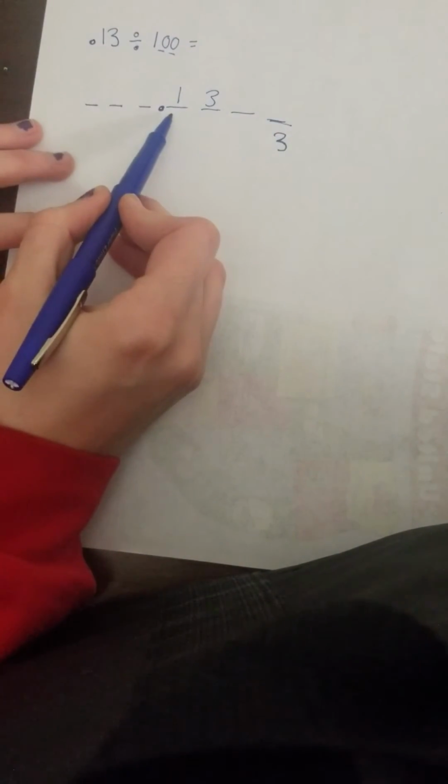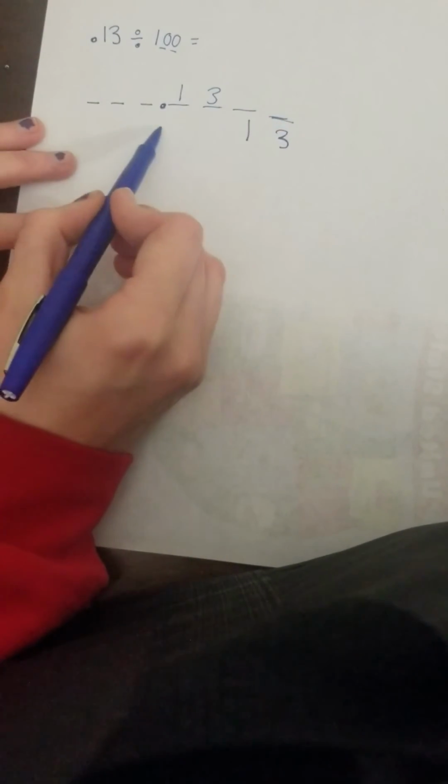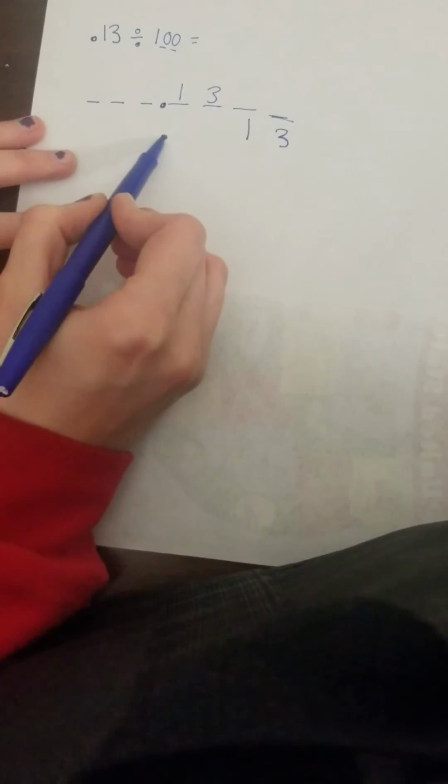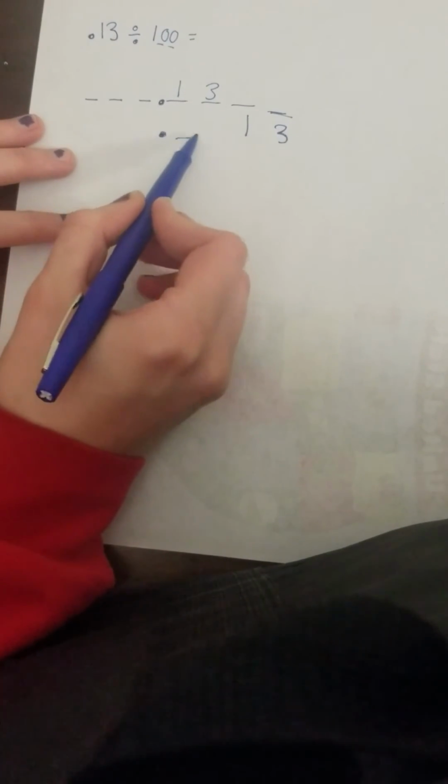I'm going to count my 1 over 2 spots. 1, 2, it's going to land right here. And then, of course, my decimal hasn't moved, which means I have 2 empty spots that I'm going to fill with zeros. And there's my number. It's really, really tiny. This is decimal 0013.